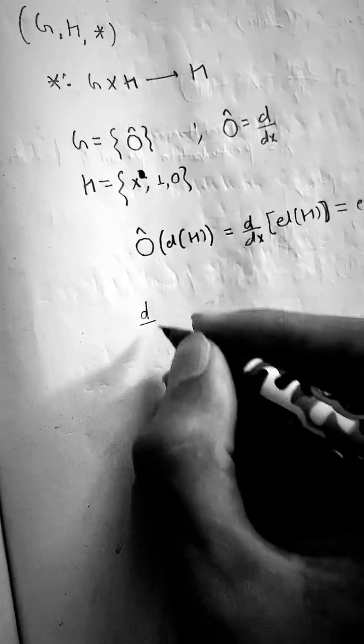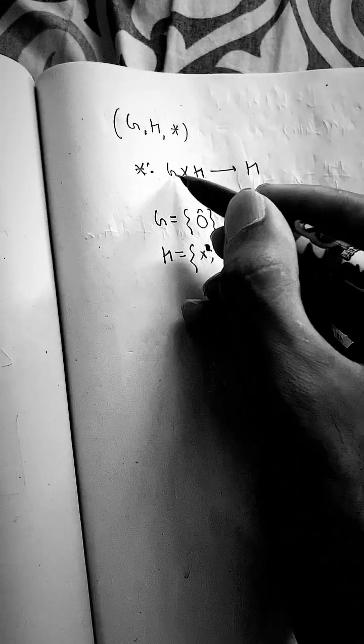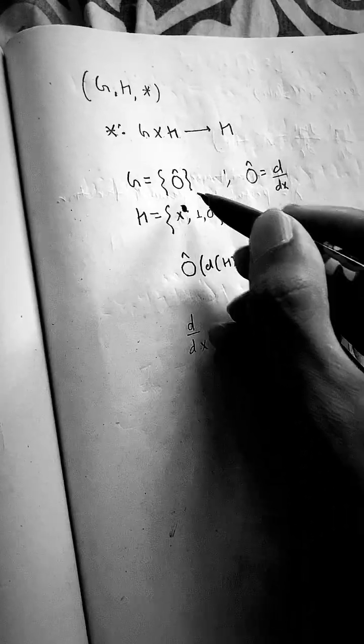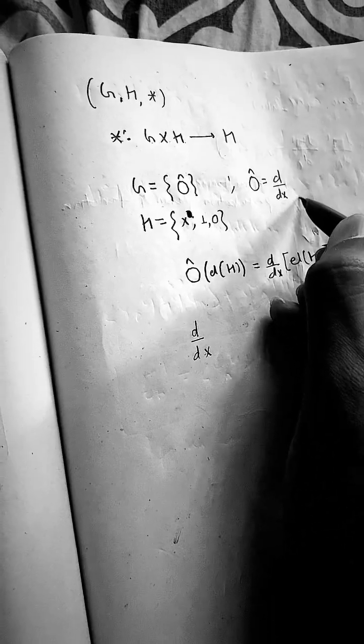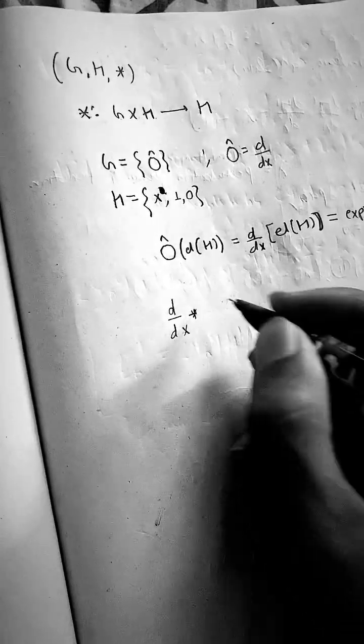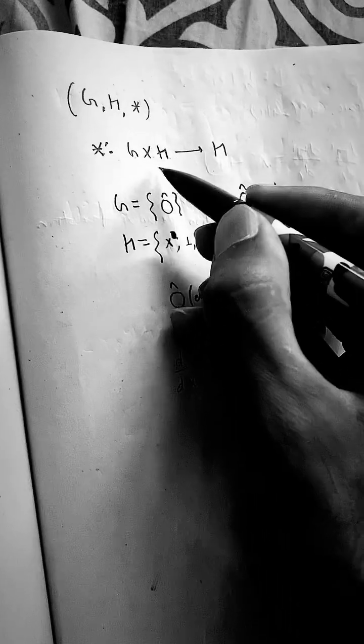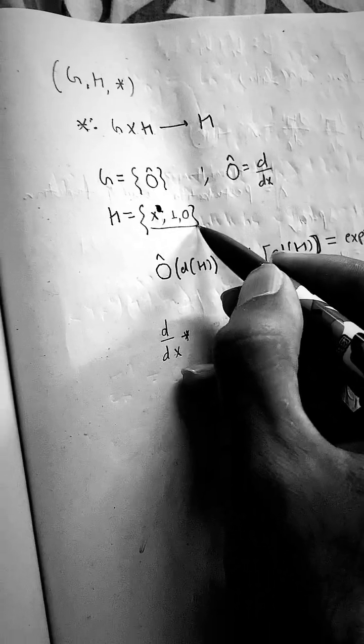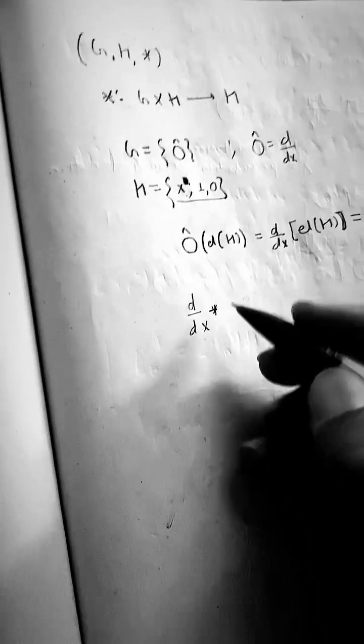So dy dx, right? We choose an element, so star is G cross H. G is d by dx because O is d by dx. Now we put a star, and then H, and we have three elements to choose from. We can choose any one of them. Let's say x.